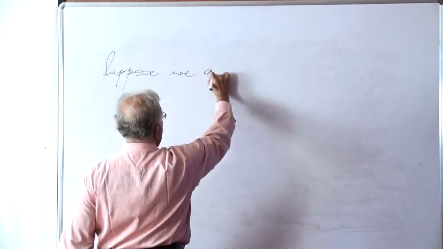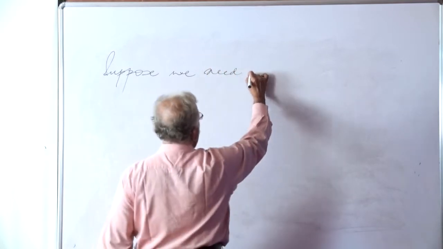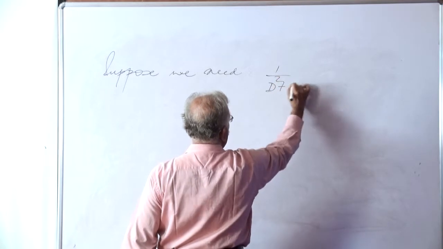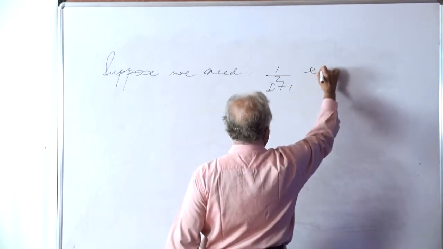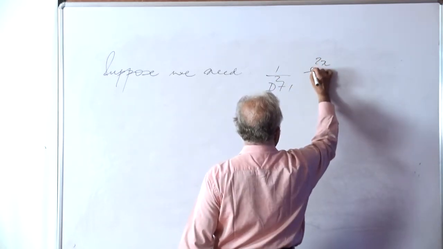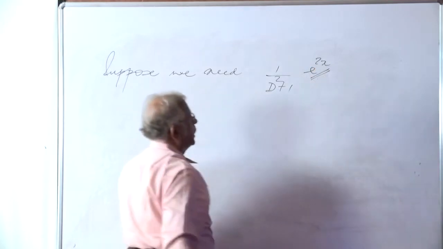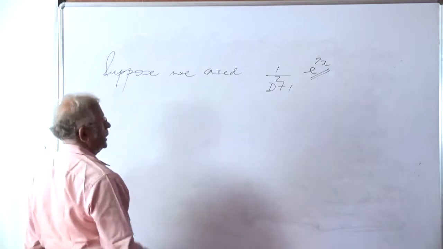Suppose we need 1 over D squared plus 1 to operate on e to the power of 2x. Any function, in fact, it can be any function. Now, we will do one thing.